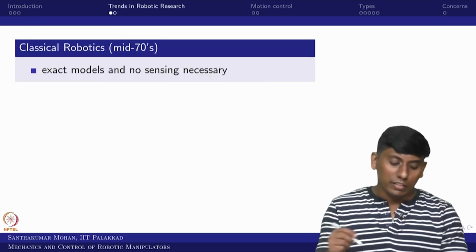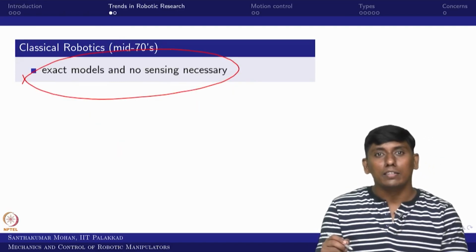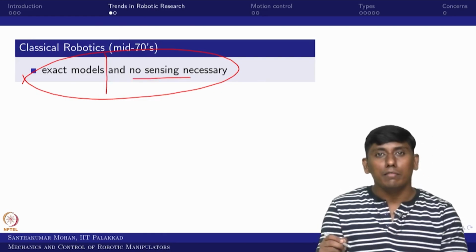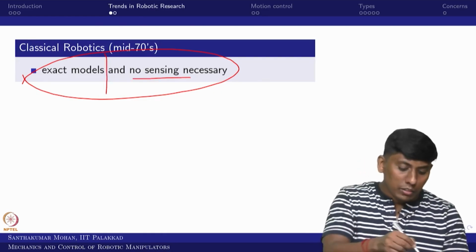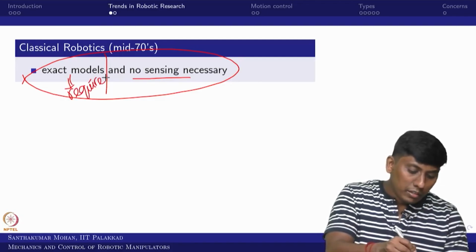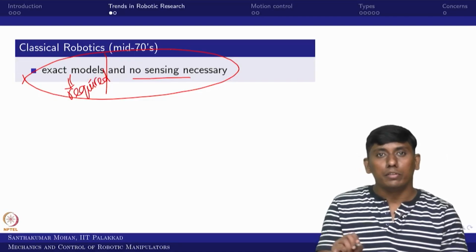So the exact model is necessary and no sensing is necessary for this particular system. Exact model is required, and no sensing is necessary for the system.